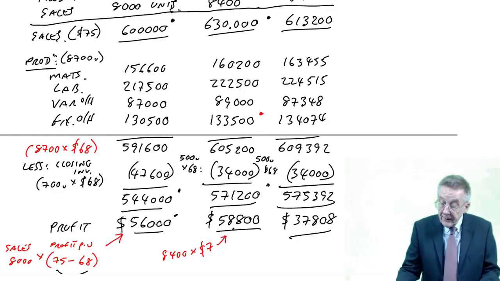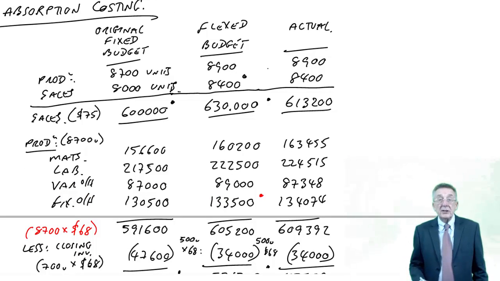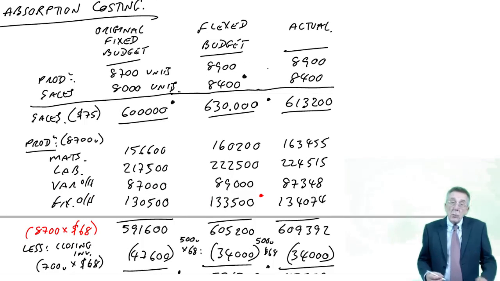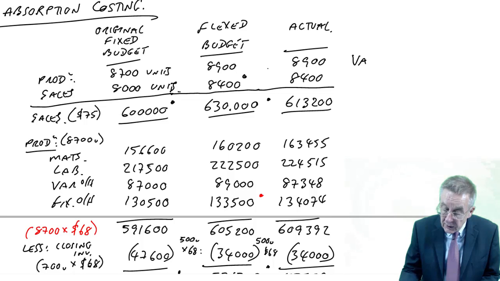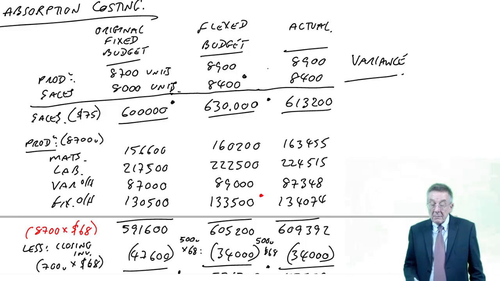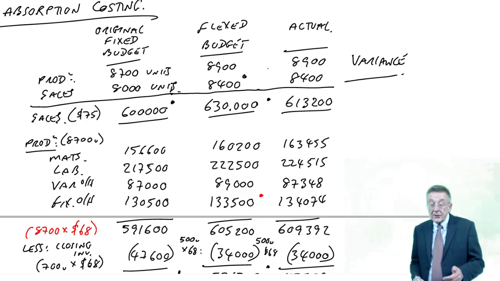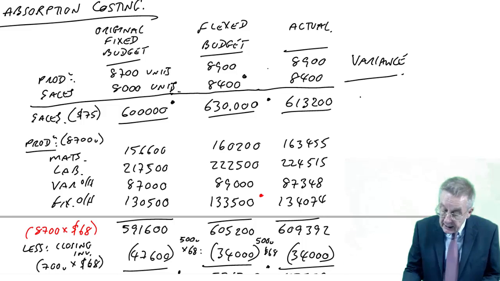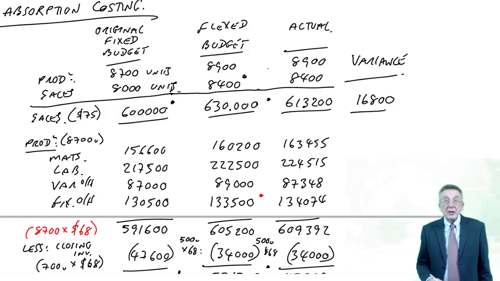Now, of course, we can look at the variances, compare actual with flexed budget, and find out where we gained and where we lost. Variance means difference. First of all, the revenue. We should have got 630, we only got 613. We were down by 16,800.